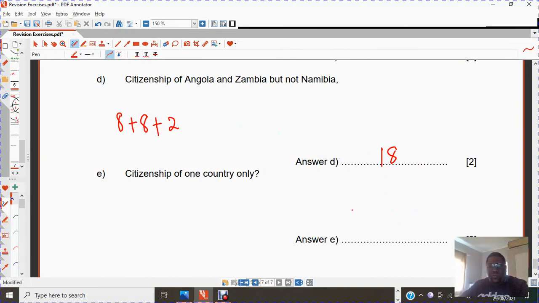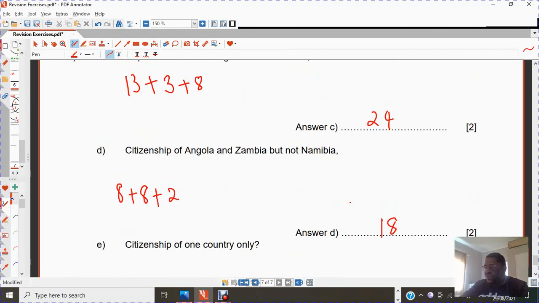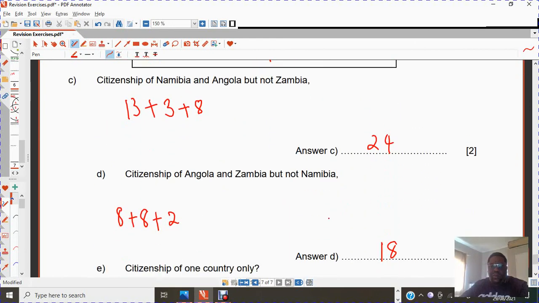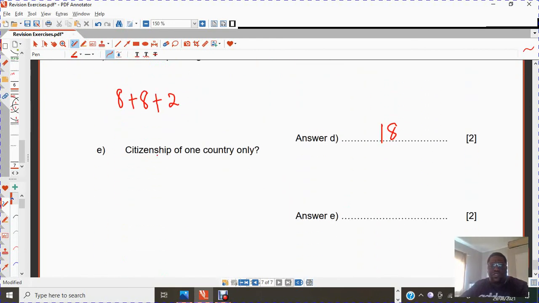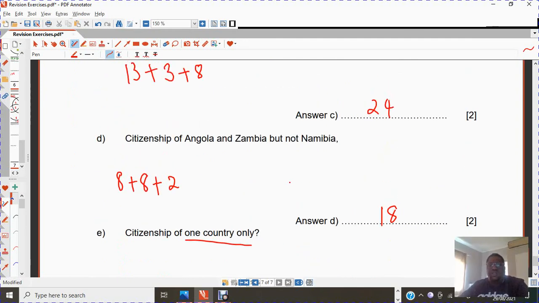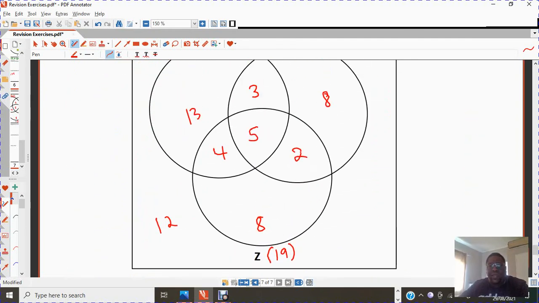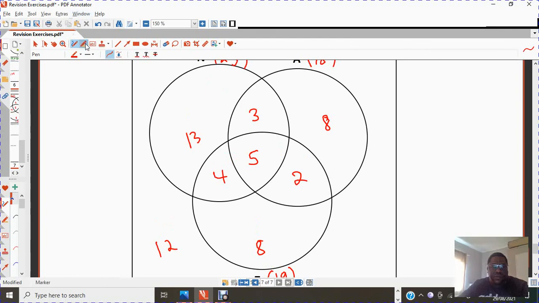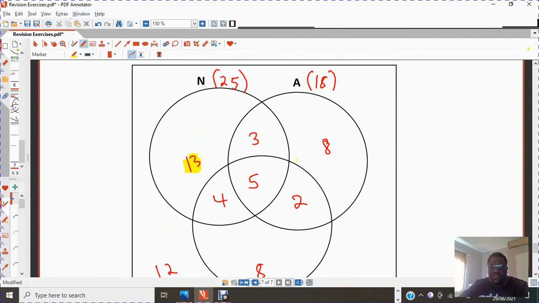Right, so far so good. Then we have a last question. It says citizenship of one country only. So for one country, I'm going to highlight them here so you can have an idea. It's this 13, because these 13 learners have only got Namibian citizenship.